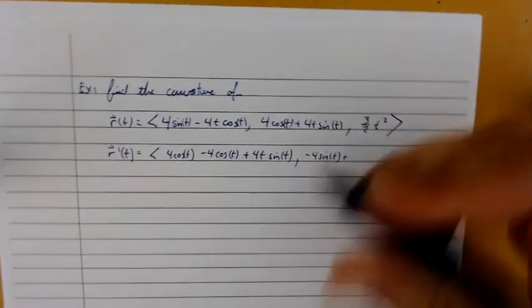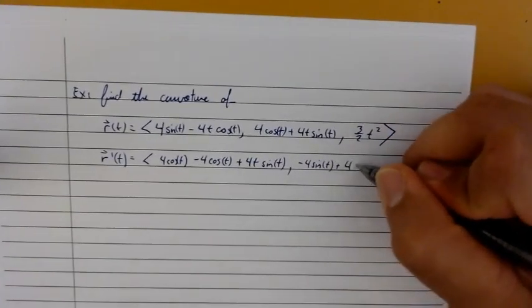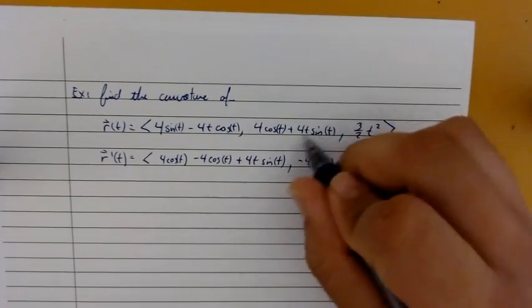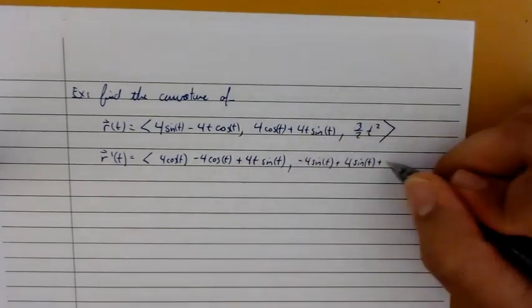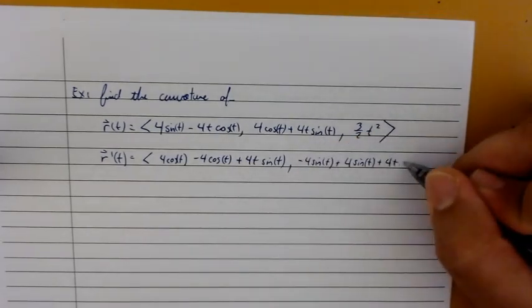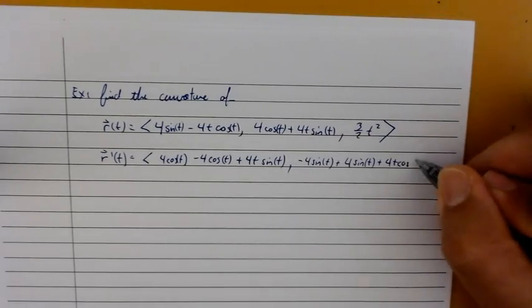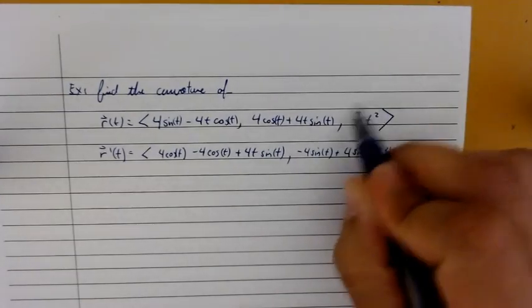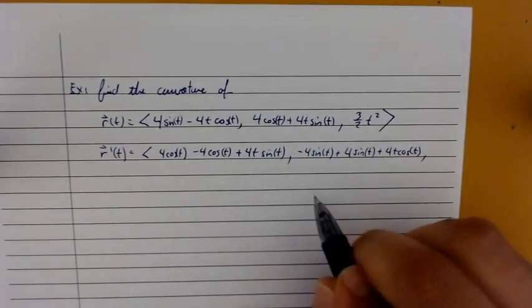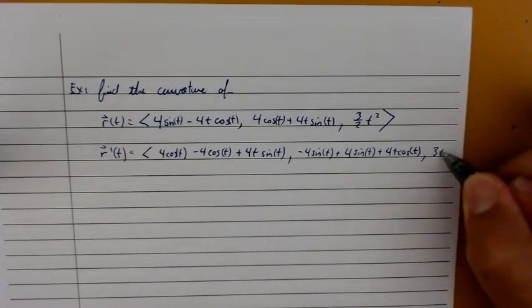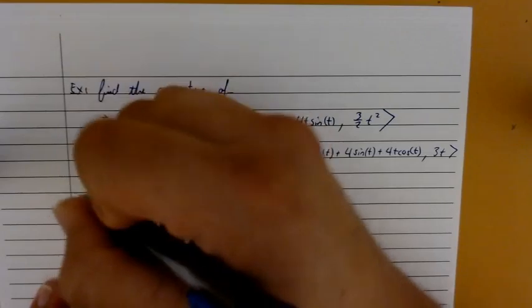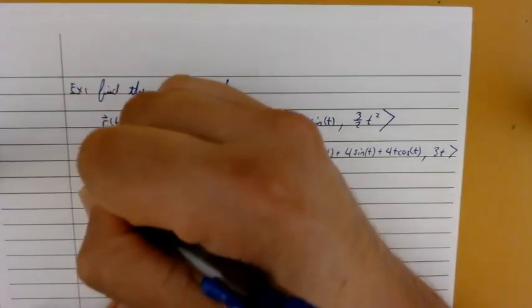The derivative of the first part times the second, that'll be 4 sine of t, plus the derivative of the second times the first, so 4t cosine of t. And then the derivative of the third component, take your 2, bring it down, subtract 1 from the power. So that'll give us 3t. Just like that.